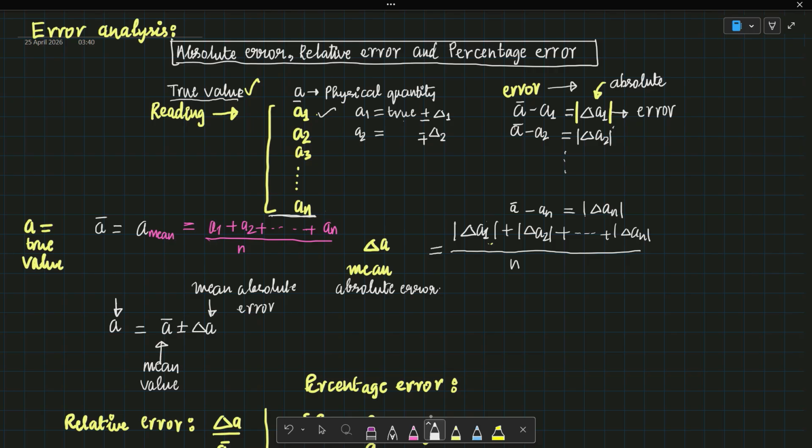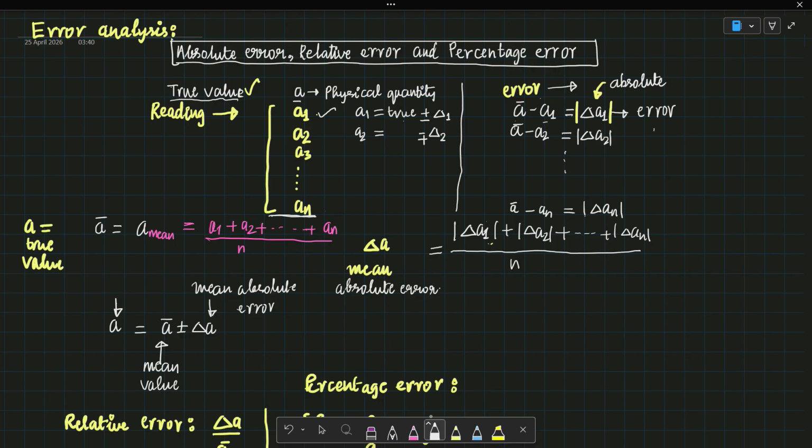So we have found the true value, but there is also error, so we want to find out what the error is. So we calculate true value minus measured value, and that will be the error. But we are not interested in only error, because it could be positive or negative, and that's why we are interested in only positive values. So we take the absolute value of the error, and that's why these calculated errors are called absolute error.